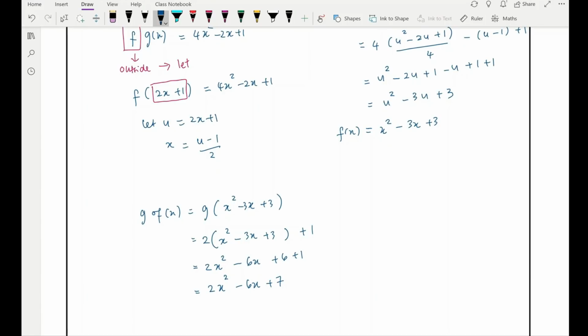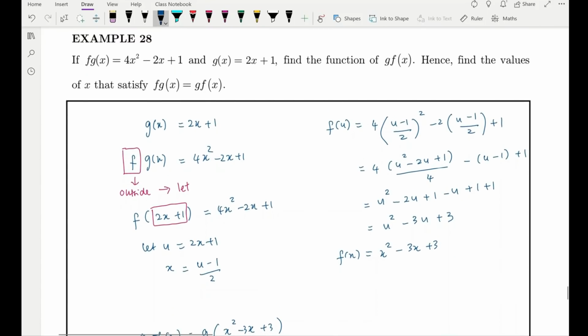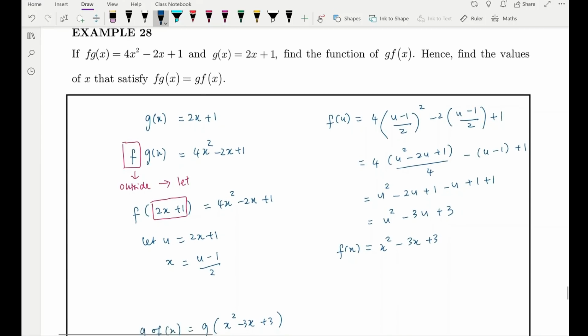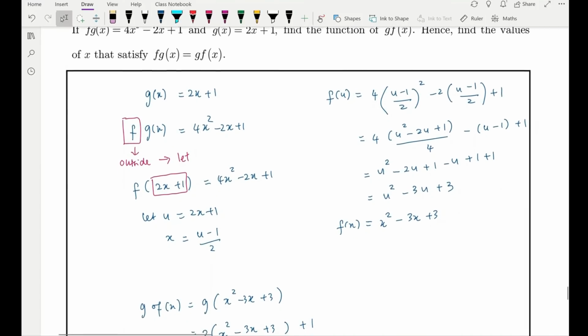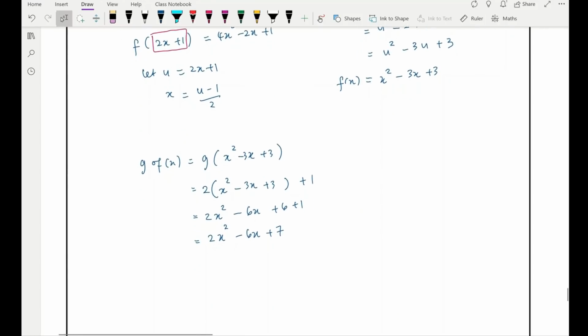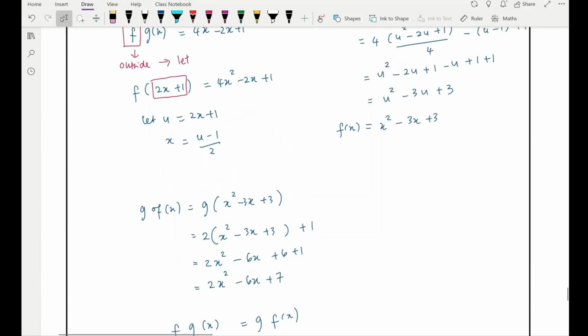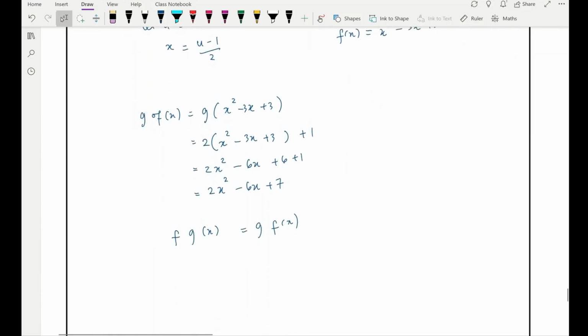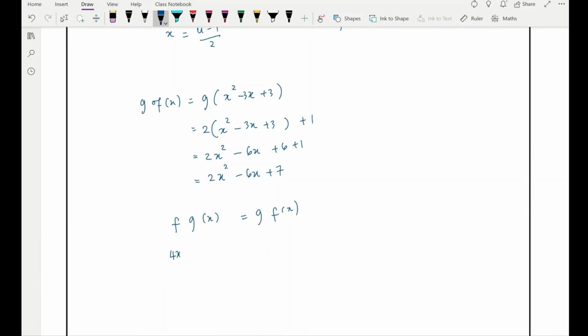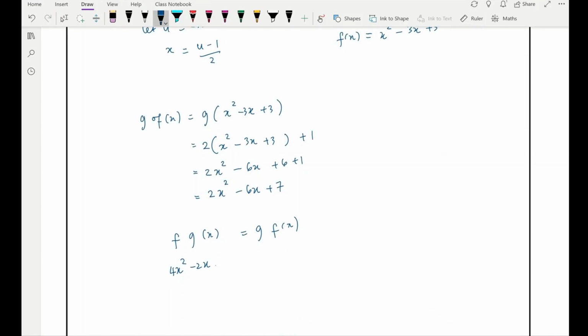And then the question asks to find the values of x that satisfy f(g) equal to g(f). So f(g) is equal to g(f), meaning 4x squared minus 2x plus 1 equals 2x squared minus 6x plus 7.